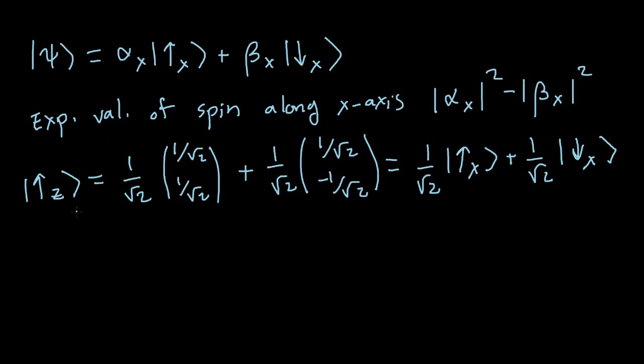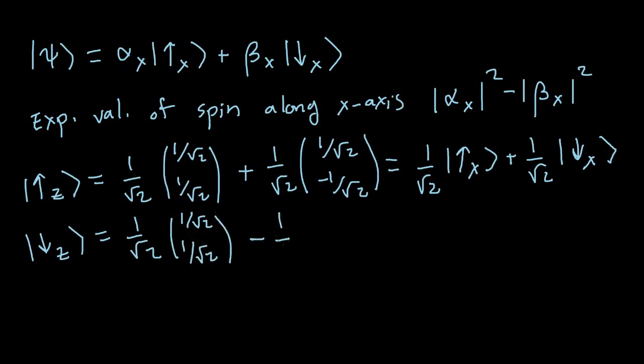Let's actually do the same thing for the down state in the z direction. So that's just equal to 1 over root 2 times the vector with components 1 over root 2 and 1 over root 2, minus 1 over root 2 times the vector with components 1 over root 2 and minus 1 over root 2, right?